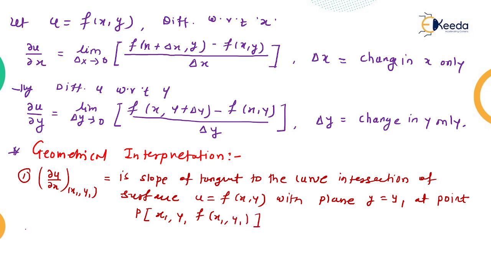So at this point we take del u by del x. The geometrical interpretation is that it is the slope of a tangent to the curve of intersection of the surface u of x y and the plane, and that point is P of x1, y1 and f of x1 y1.